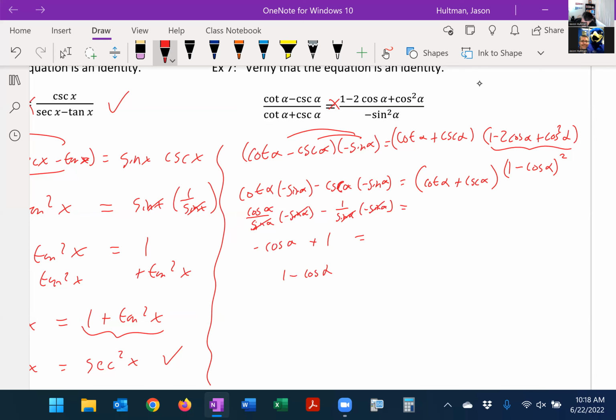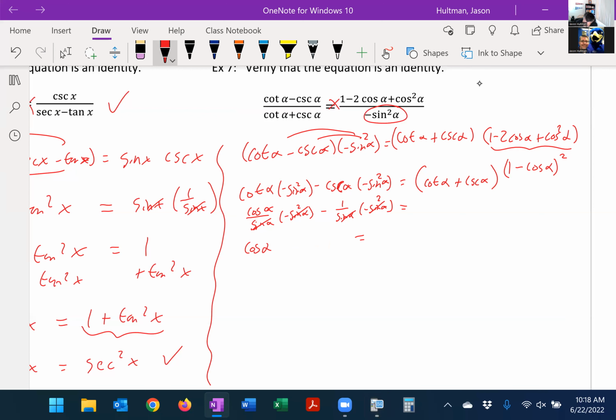Oh, you know what? I messed up. This is a sine squared alpha. So this really is a sine squared alpha. So this becomes, sorry, cosine alpha squared.